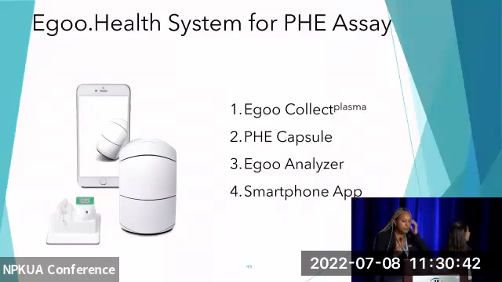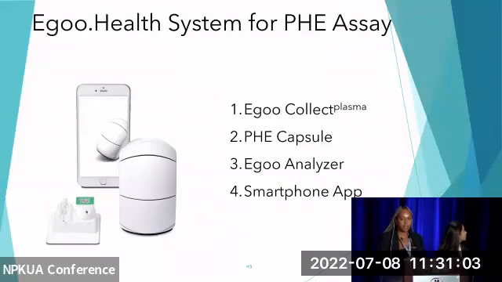Yes, so to run a Phe test on our Egoo.Health system, you would require 4 components. First off, you would need to collect your sample, and we have this device called the Egoo Collect Plasma, which is a little filtration unit where you put full blood in, and then plasma is extracted.